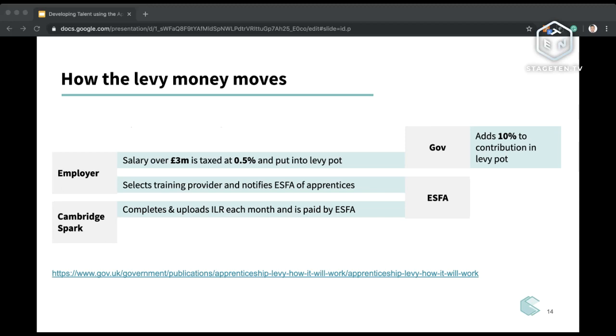Then the training provider, in this case Cambridge Spark, will complete and upload the individual learning records for each apprentice, and do that every month and make the claim, drawing down that money from the Education Skills Funding Agency. There's a lot more information on the government pages. I'm not going to bore you with it now.